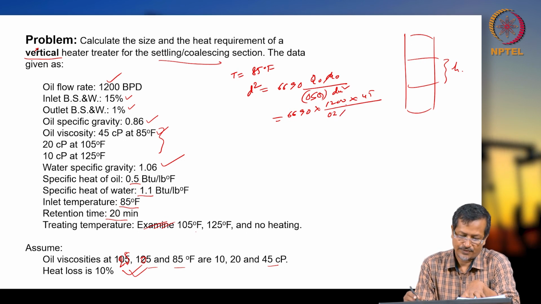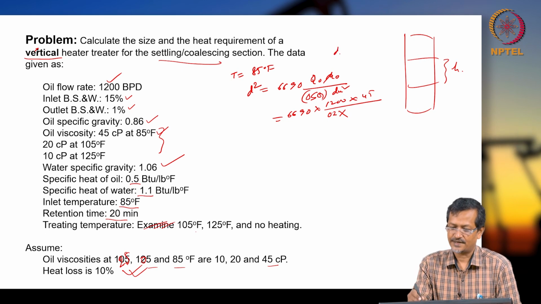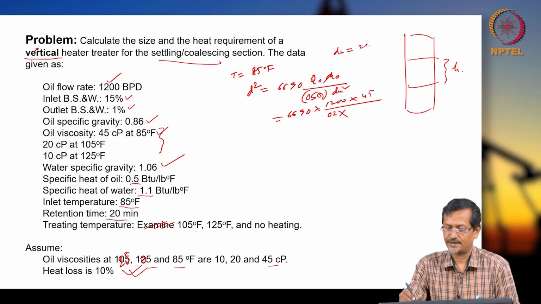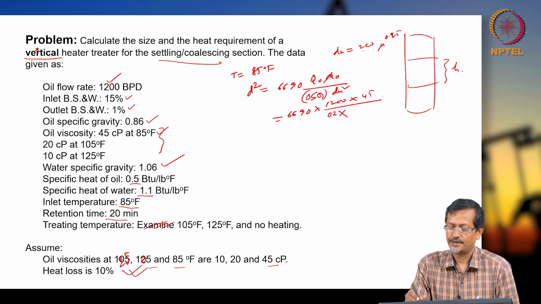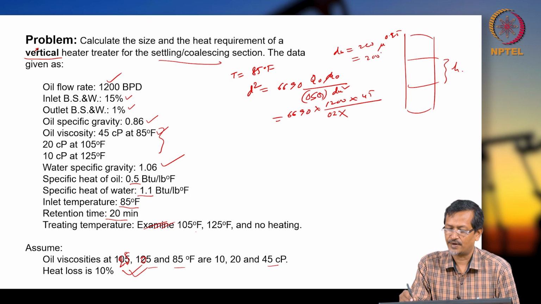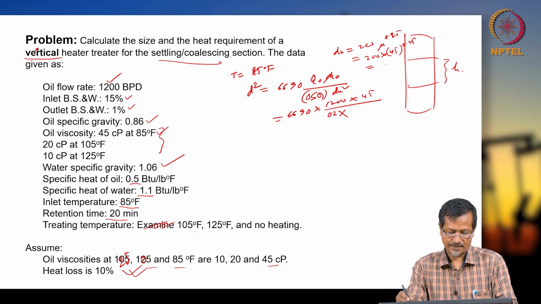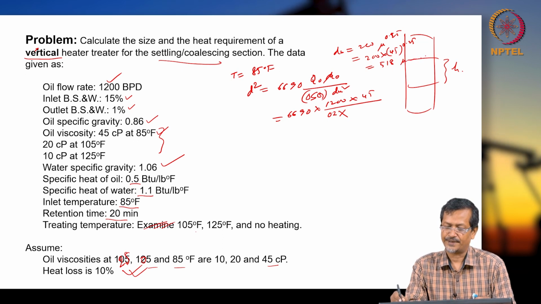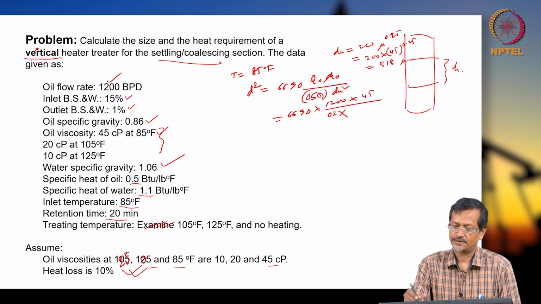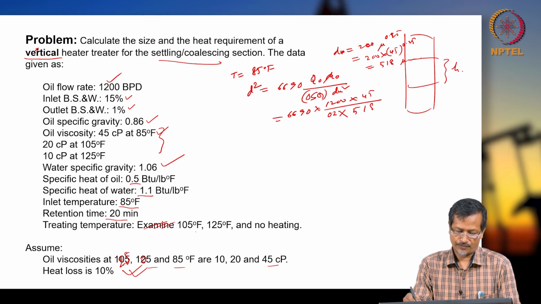For d_m, see the previous problem: d_m equals 200 mu to the power 0.25, so 200 into 45 to the power 0.25, which comes to 518 micrometers.